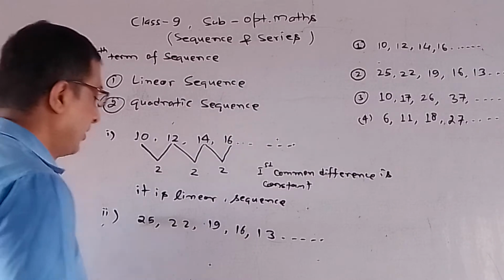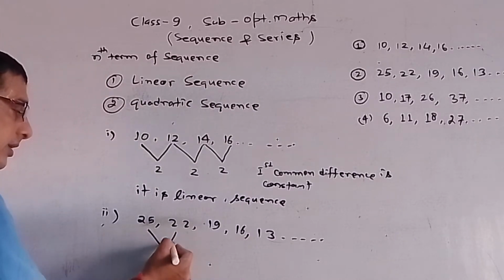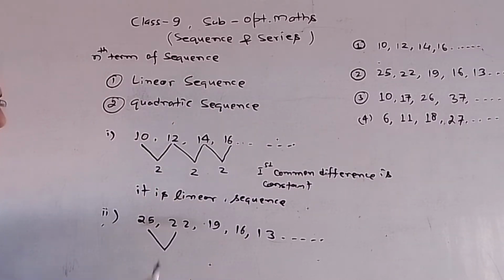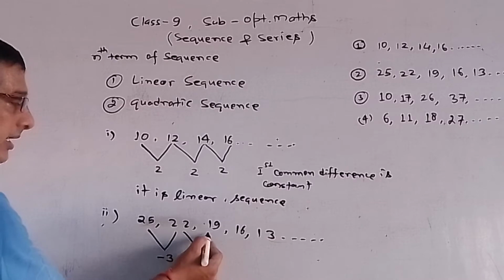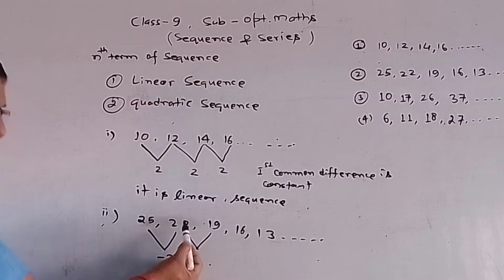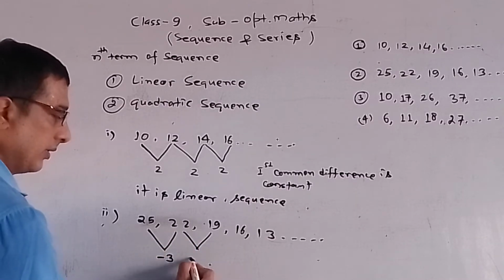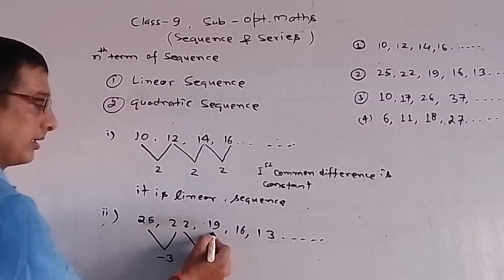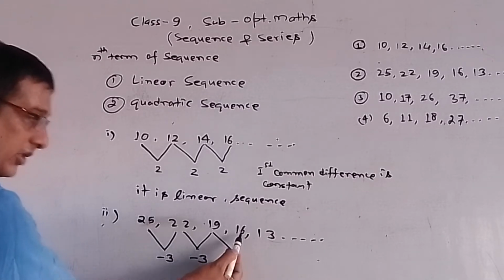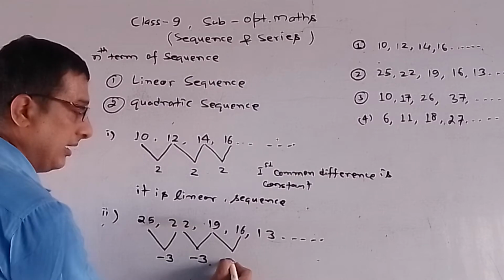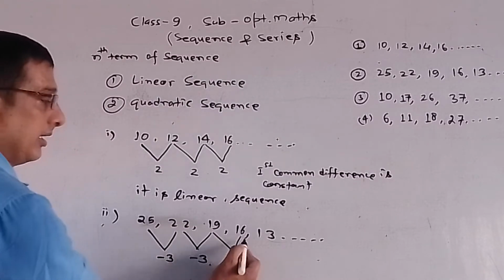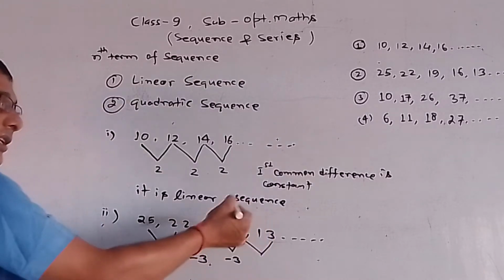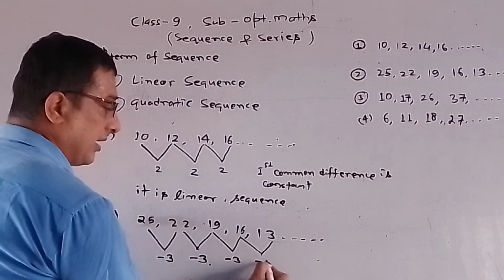Same process, common difference: 22 minus 25 is minus 3. 19 minus 22 is minus 3. 16 minus 19 is minus 3. 13 minus 16 is minus 3.